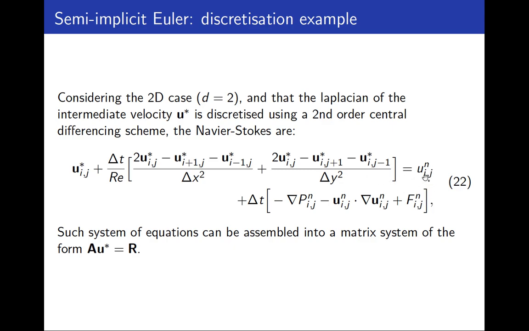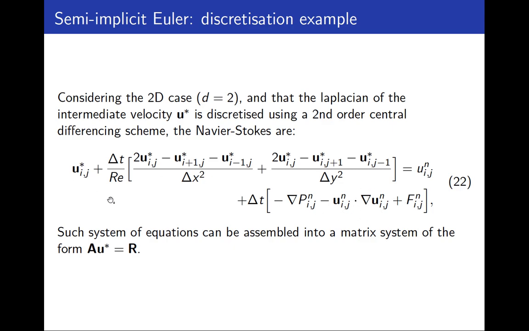And also, we need to estimate the value of the velocity field in the previous time step, and all these terms can also be evaluated at the previous time step, which are the pressure gradient, the convective term, and the source term. Here I'm not illustrating the discretization of the convective term, because that's another topic that I would like to discuss in the future.